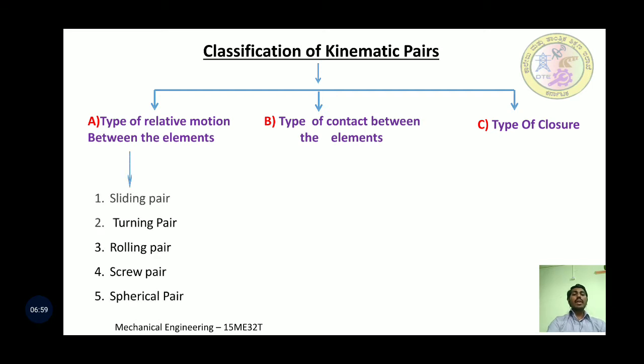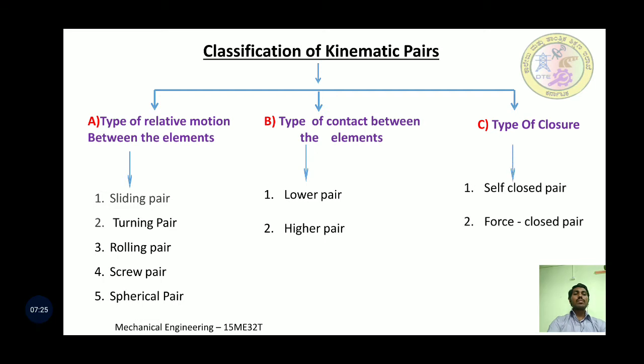Type of relative motion between the elements is divided into five types: sliding pair, turning pair, rolling pair, screw pair, spherical pair. B, type of contact between the elements, into two types: lower pair and higher pair. Next, type of closure is classified into self-closed pair and force-closed pair.